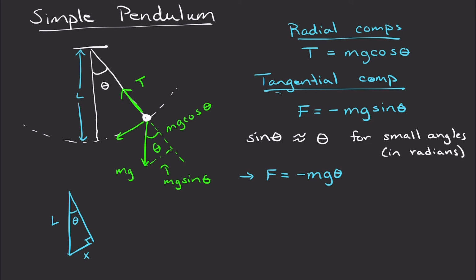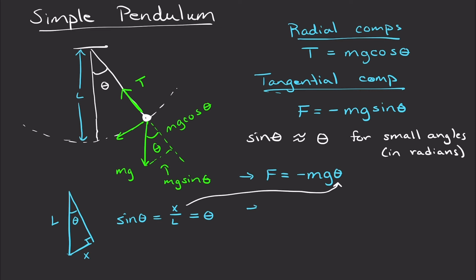Okay? Well, now if we just look at our definition for sine, sine of theta is equal to opposite over hypotenuse, which in this case would be x over L. But we said sine theta is roughly theta for small angles, so that means this must equal theta. So again, we can do another substitution where we take x over L and we plug it in for theta.